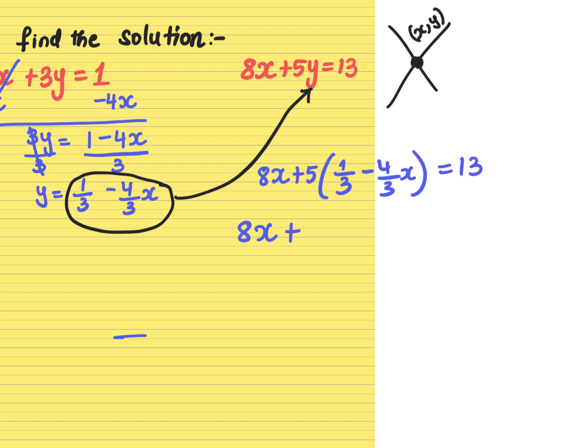So 8x plus 5 over 3 minus 20x divided by 3 is equal to 13. Now, keep the x's on the left, move the numbers to the right.